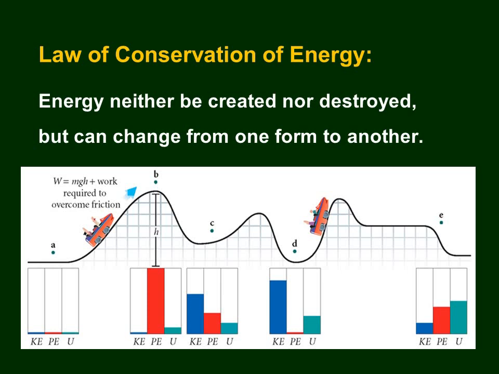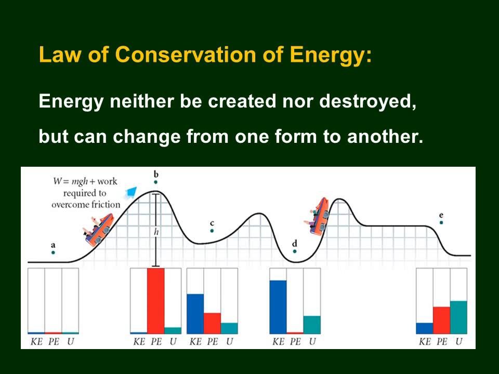While it starts to move down, it starts to lose potential energy and gains kinetic energy. Due to the friction between the car and the track, internal energy increases.